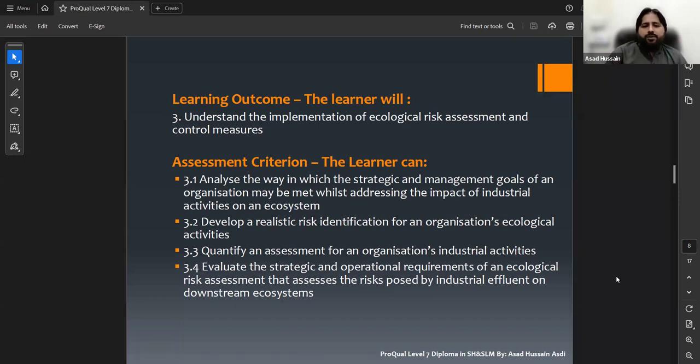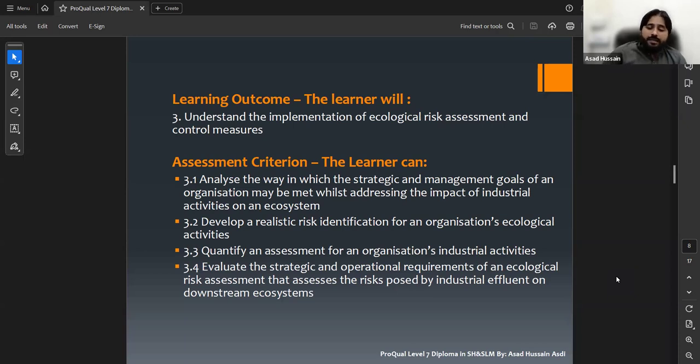Then moving to 3.2, develop a realistic risk identification for an organization's ecological activities. Other than the specific risk identification, the other thing which is much more important is realistic.